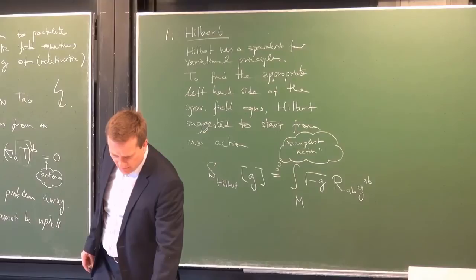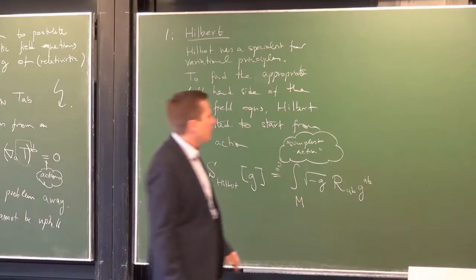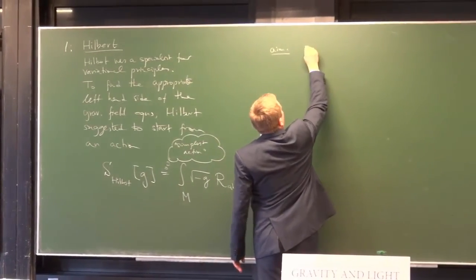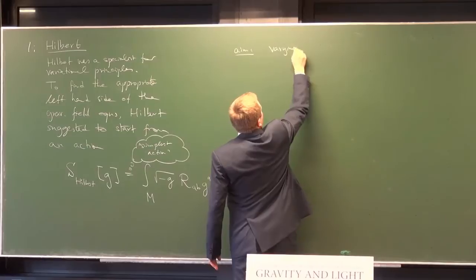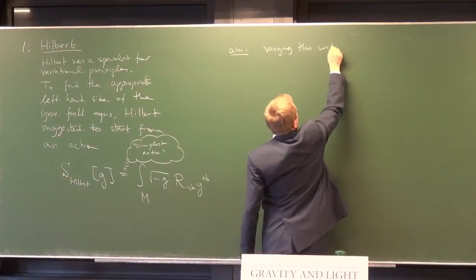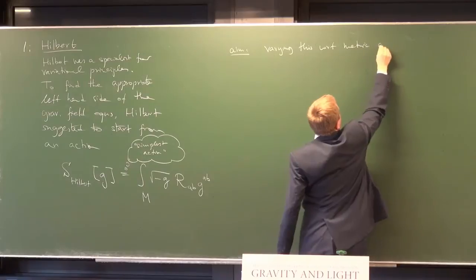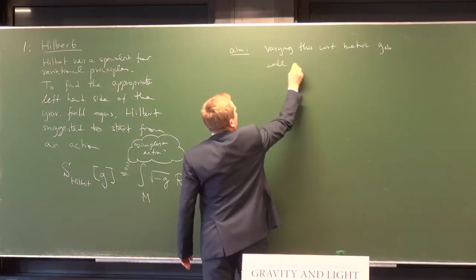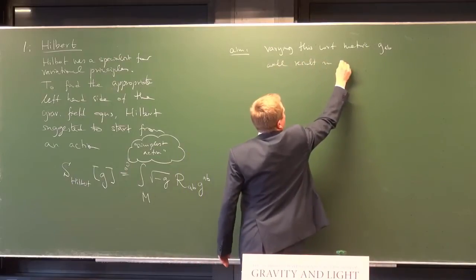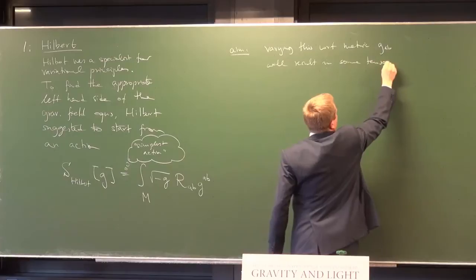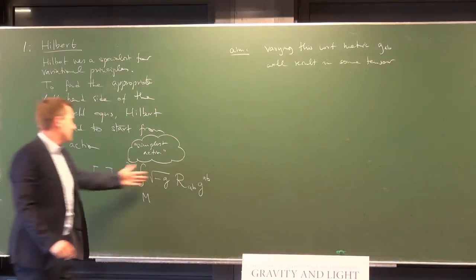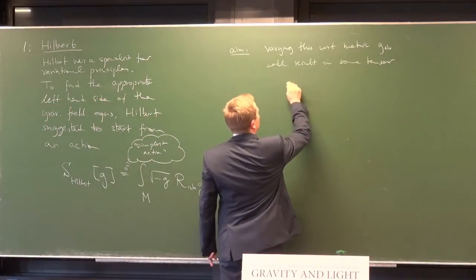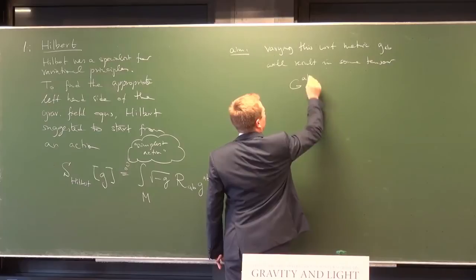Now, so this is Hilbert's suggestion, and the aim is varying this with respect to the metric g_AB will result in some tensor that one can show abstractly, that if you vary such a scalar function with respect to a tensor, it will result in some tensor G^AB.